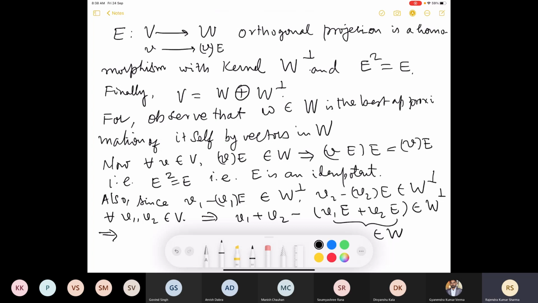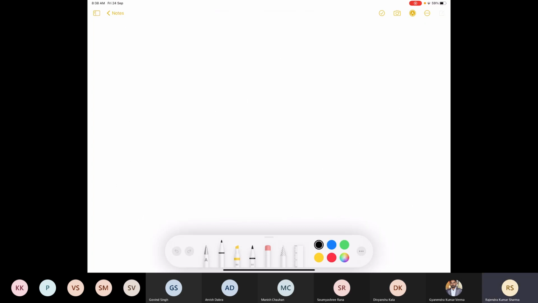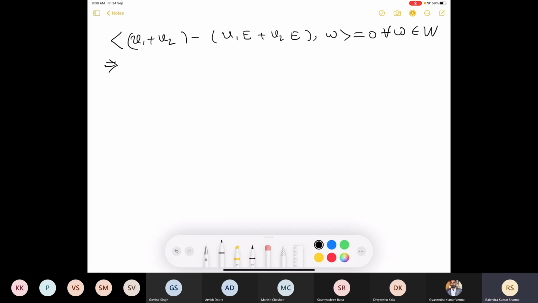So that gives me that the inner product of V1 plus V2 minus V1E plus V2E with W should be 0 for every W in W. And that makes U minus U naught with W equal to 0, where U is V1 plus V2 and U naught is V1E plus V2E.